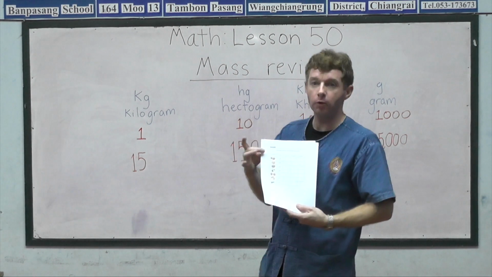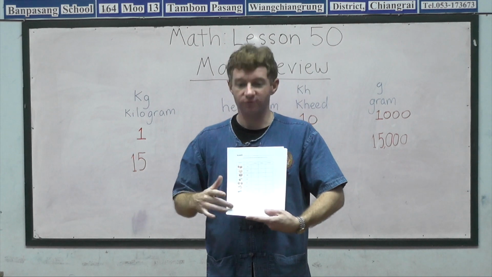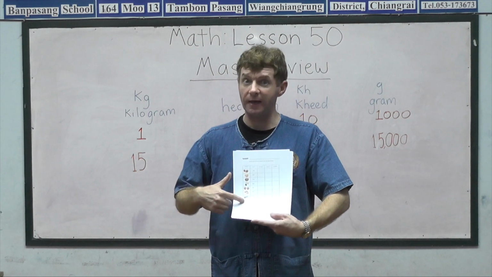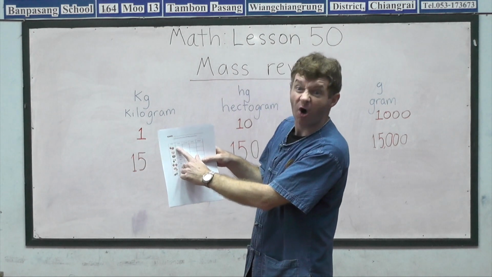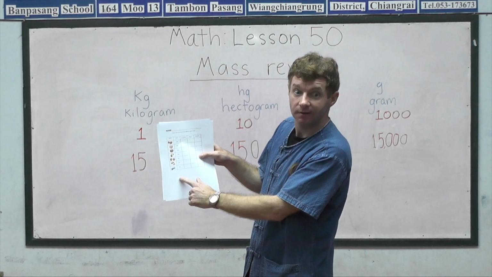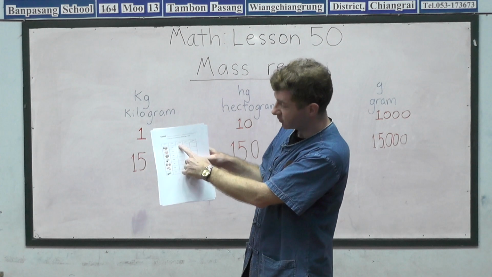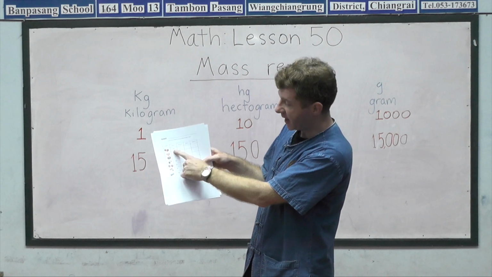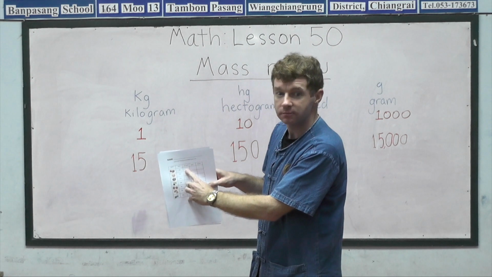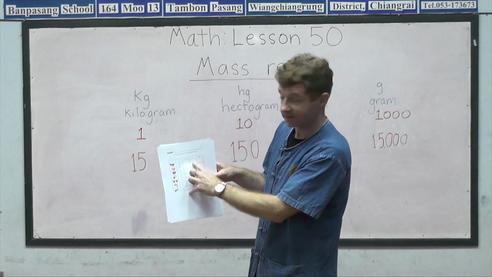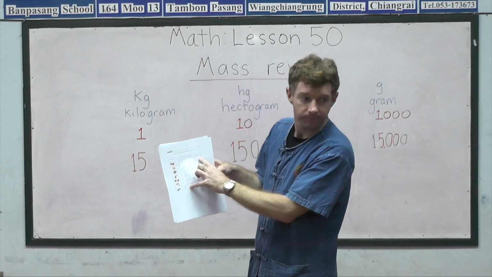Pineapple. And what you can see are fruits, they all have different weights. All of the weights given are in grams. So what our students need to do is convert the weight in grams into hectograms, kilogram.